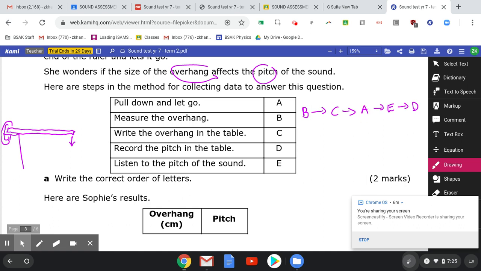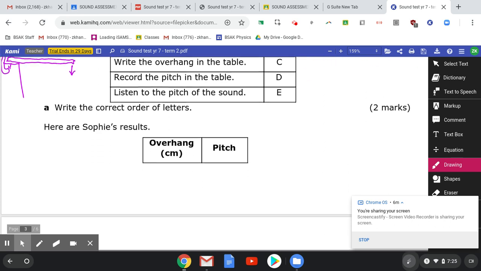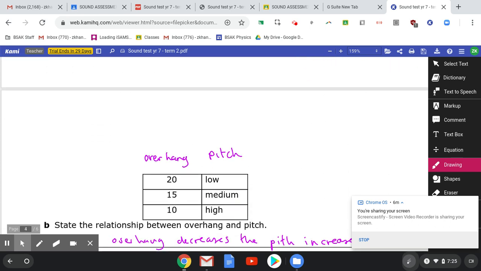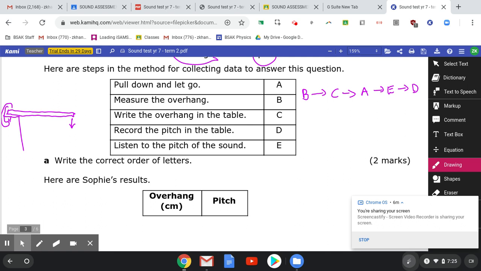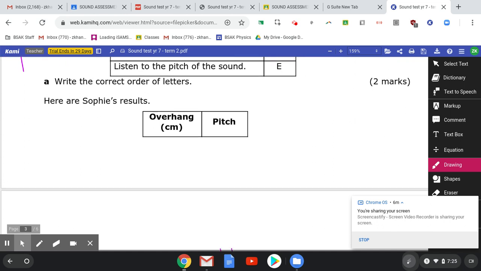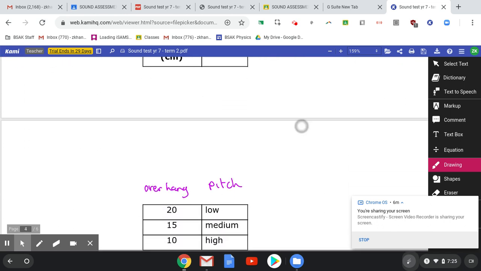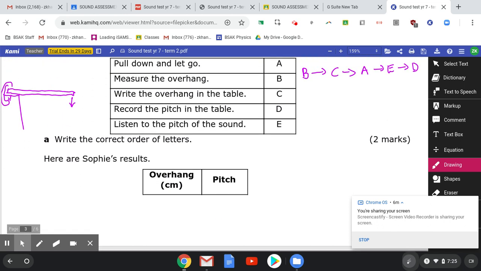That's part A. Then it's part E. Listen to the pitch of the sound, and then record the pitch in the table, whether it's a low pitch, medium pitch, high pitch. Okay, our ears are not sensitive enough to give a value for, let's say, a frequency. So what we can only do for this type of experiment is say high pitch, low pitch, medium pitch.